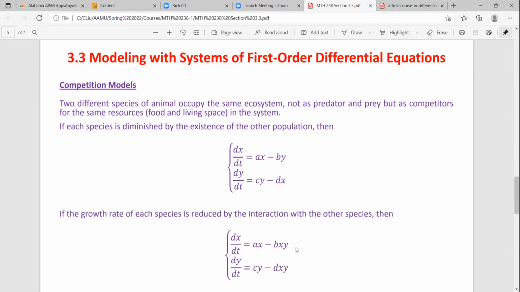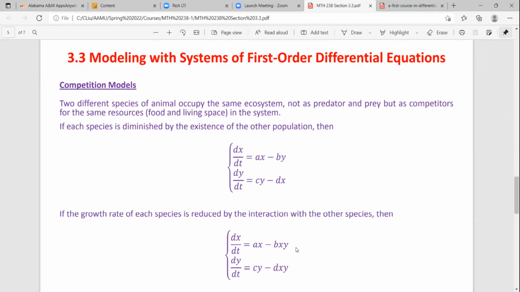They may take grass as food at the same time, but then they have competition between the two species for space, for example, and for food, right? So one species will not allow other species to invade its space.